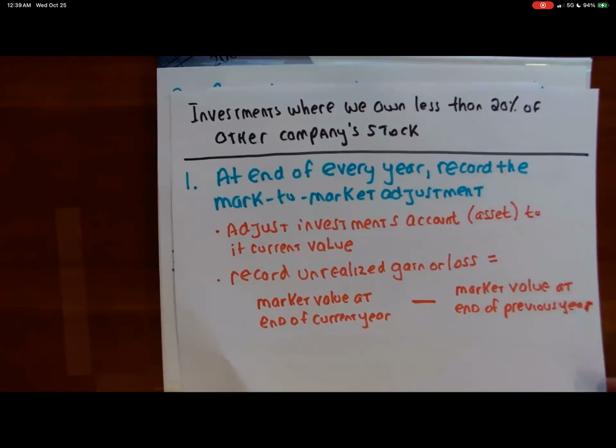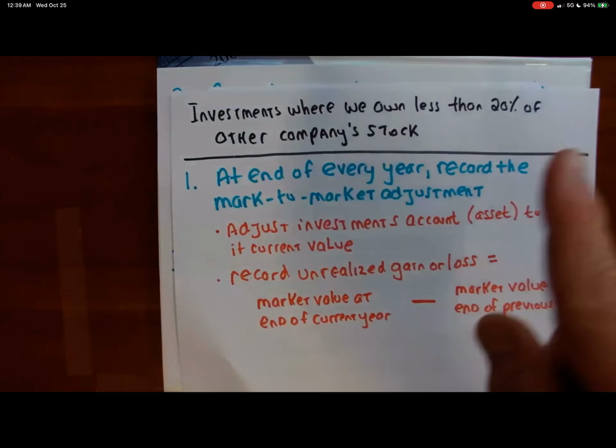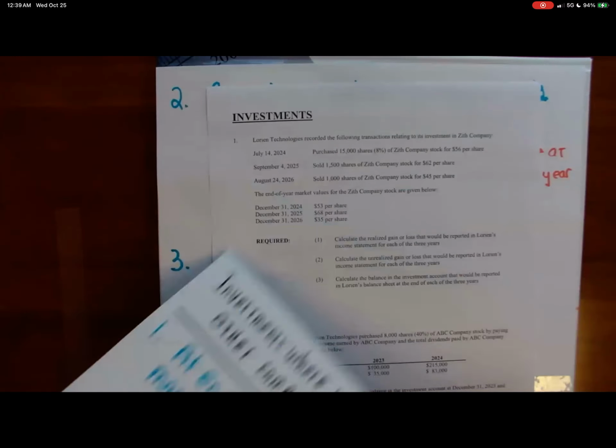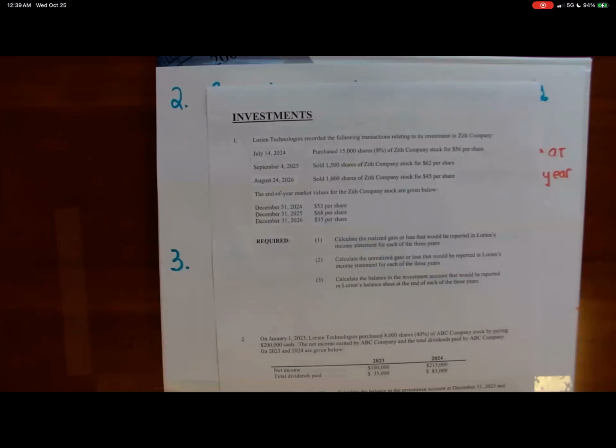On July 14th, 2024, they purchased 15,000 shares representing 8% of the Zith Company stock. 8% is less than 20%. Use this accounting that we've been talking about. They purchased those 15,000 shares for $56 a share.